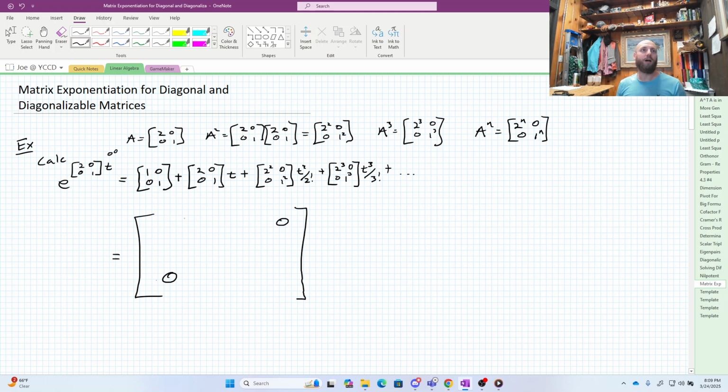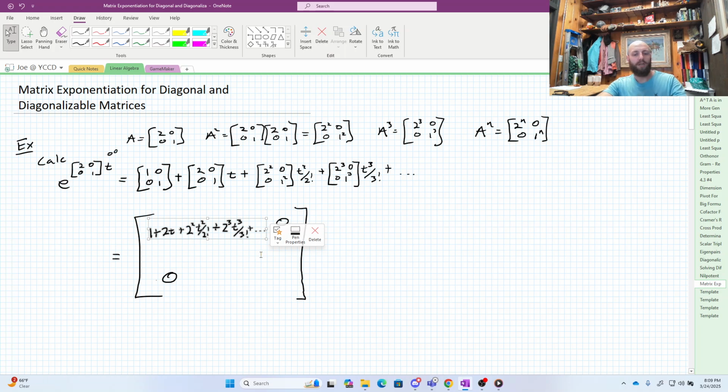Now, in this top left entry, I've got 1 plus 2t plus 2 squared t squared over 2 factorial. Resist the urge to cancel 2's there. Plus 2 cubed t cubed over 3 factorial, and so on. And then in this bottom corner, I have the exact same thing.